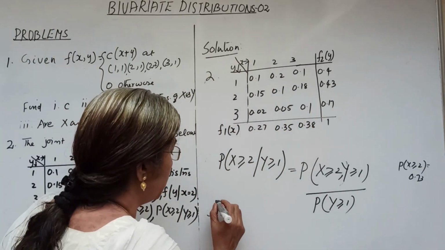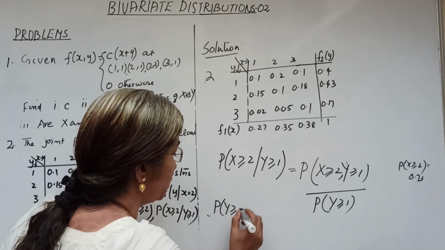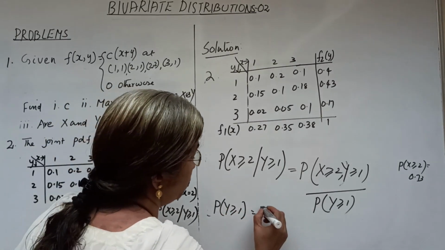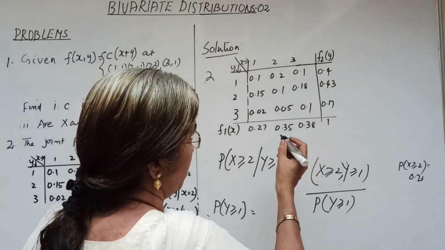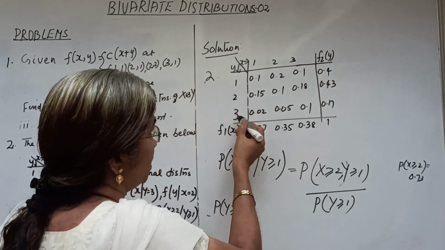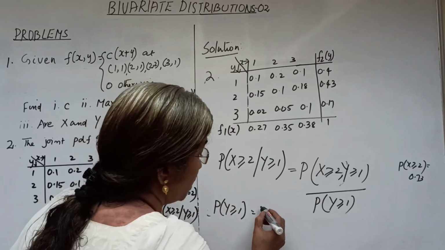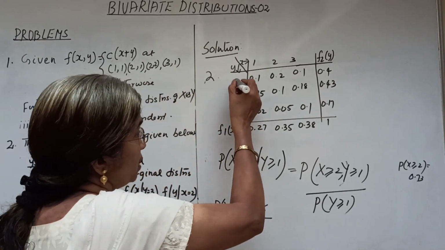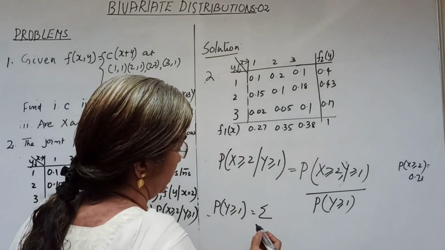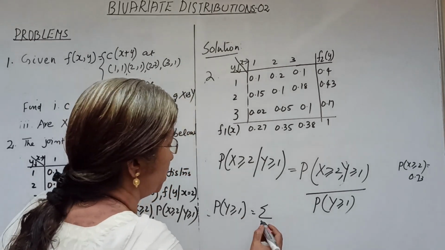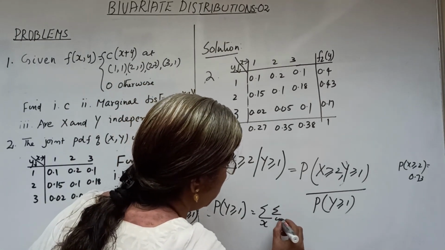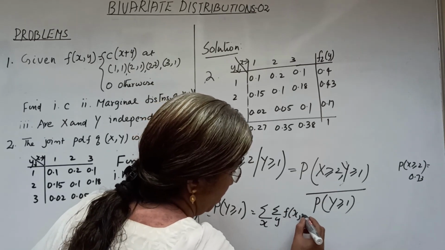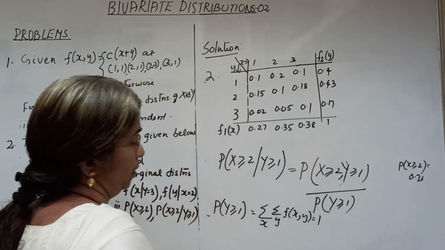What about probability y greater than or equal to 1? It is equal to probability y equal to 1 plus probability y equal to 2 plus probability y equal to 3, as y takes values 1, 2 and 3. Probability y greater than or equal to 1 is sigma over x sigma over y f of x y, which is equal to 1.